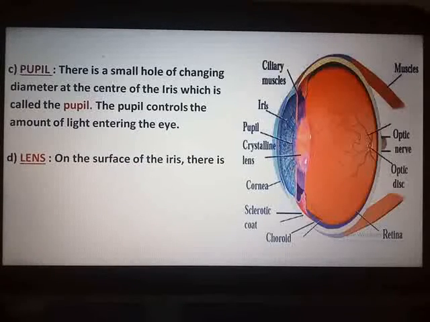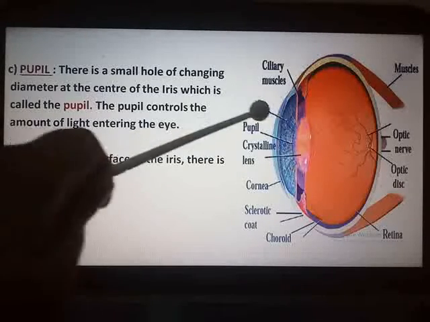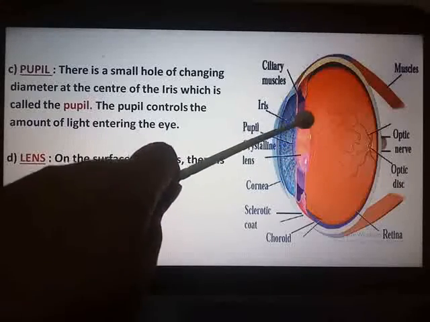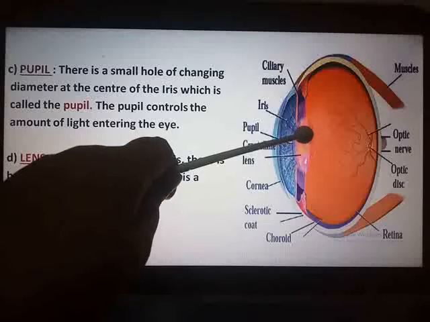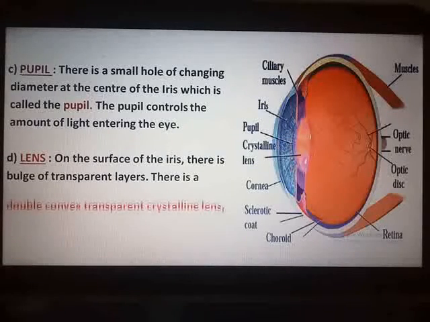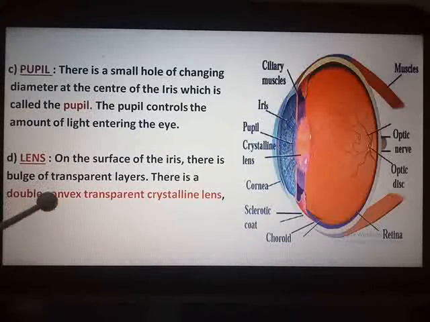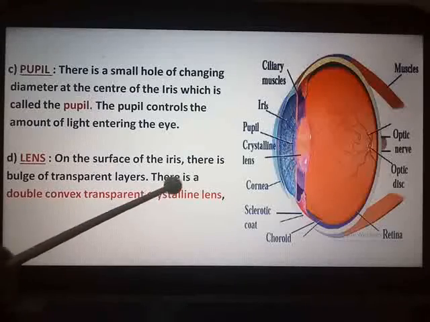Next is the lens, the very important part of the human eye. What is the function of this lens and where is it? On the surface of the iris, there is a bulge of transparent layers. There is a double convex transparent crystalline lens.